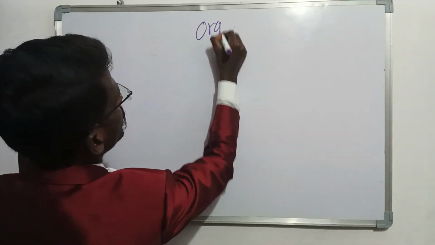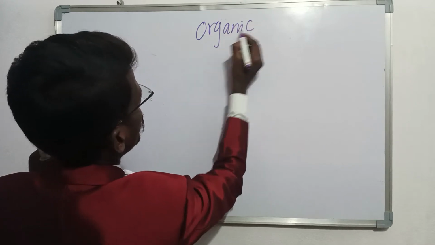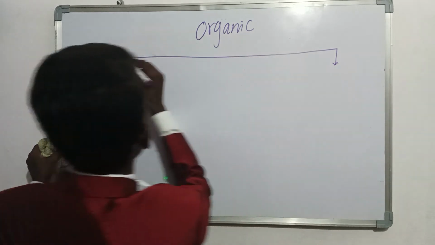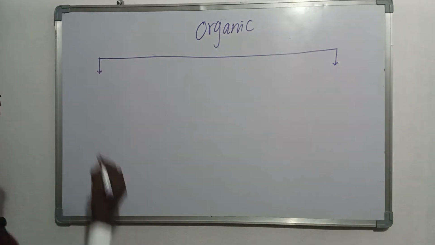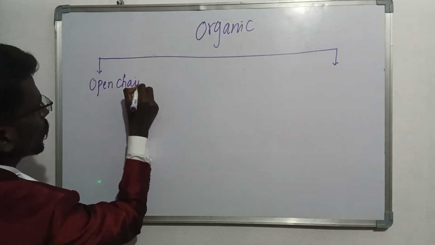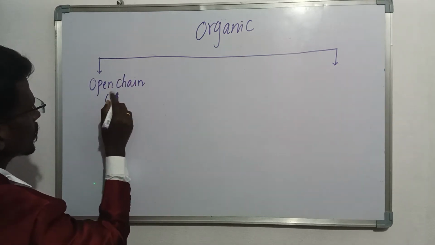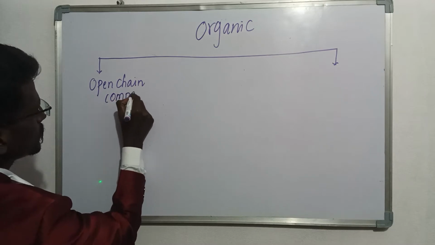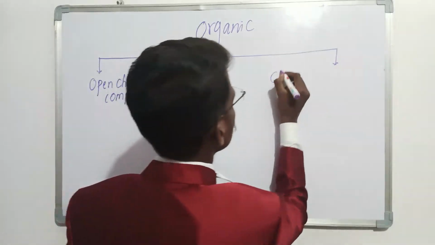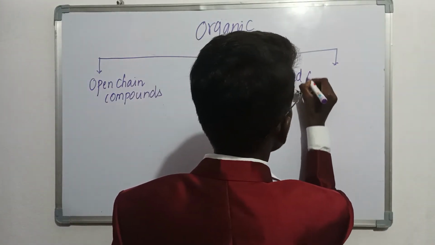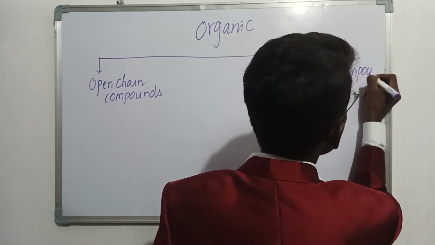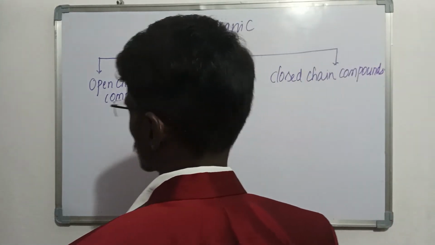Organic compounds are classified into two types: open chain compounds and closed chain compounds.